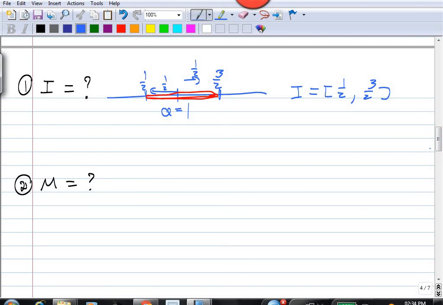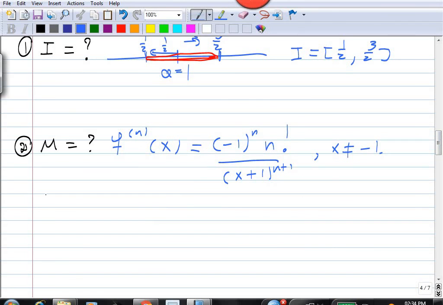Now what should our M be? Well, in a previous video we proved the following. We proved that the nth derivative for our function f is minus 1 to the n, n factorial over x plus 1 to the n plus 1. Of course, that's for x not equal to minus 1. So in particular, we need to look at the derivative f^(n+1).